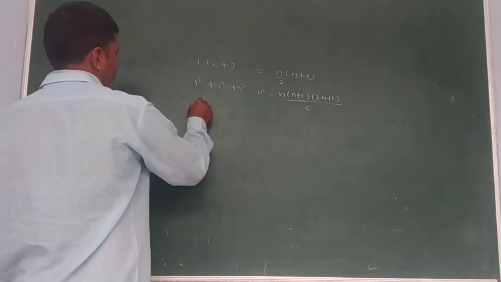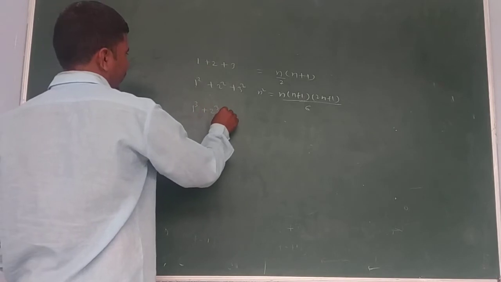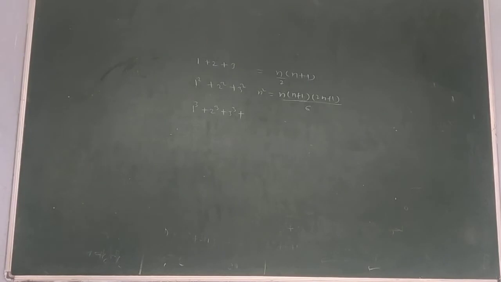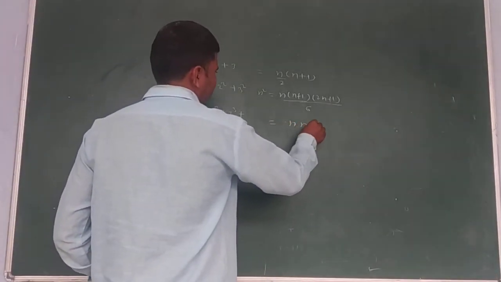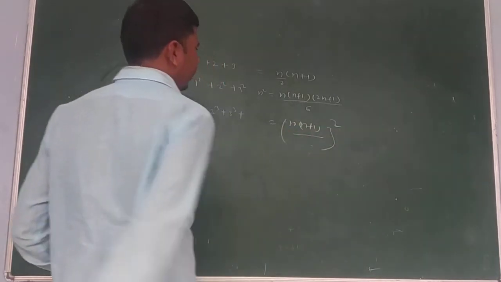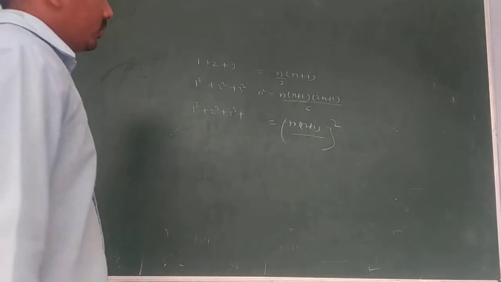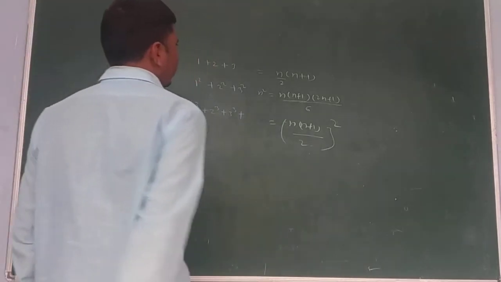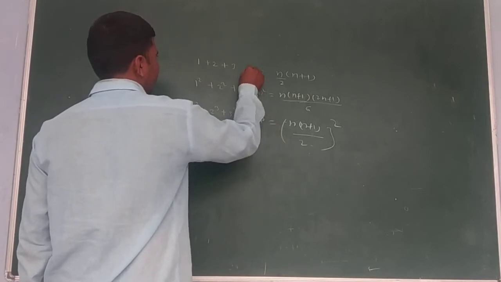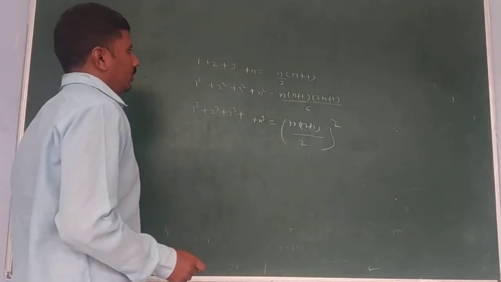And the sum of 1 cube plus 2 cube plus 3 cube till n cube is equal to n into n plus 1 by 2, the whole bracket raised to square.